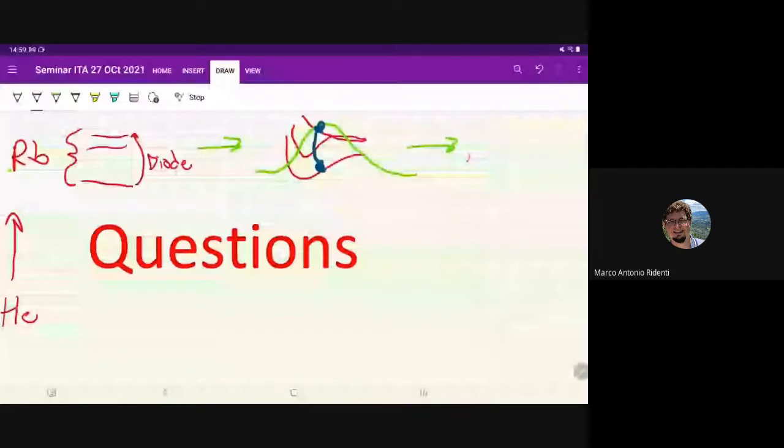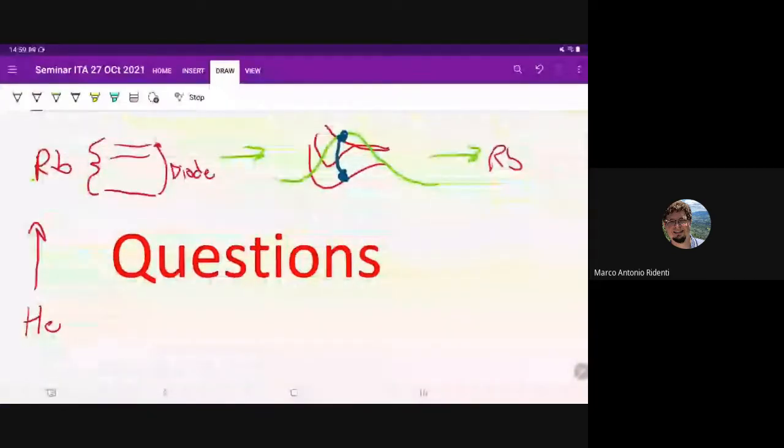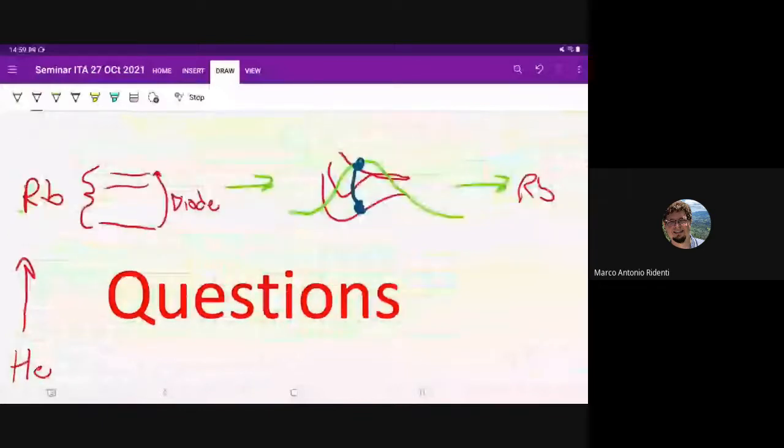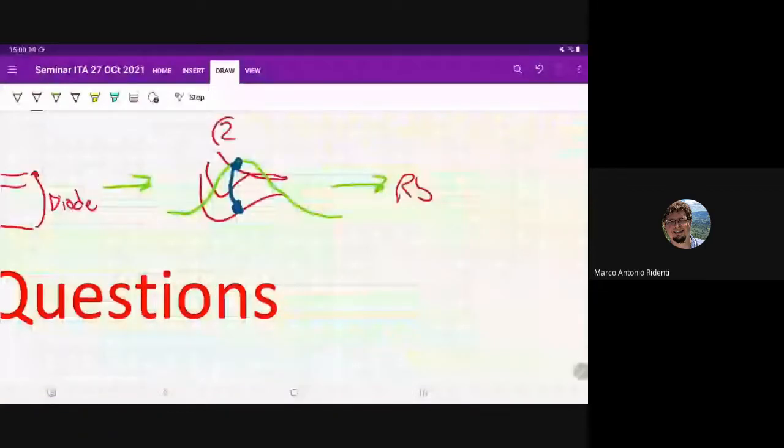Right. So yes, this is kind of the picture of what's going on. In number one, we have rubidium, and the diode is going to pump it up to that excited state. We then, in number two, that's when the helium comes in and we get the many-body interaction and we get the non-radiative transfer.